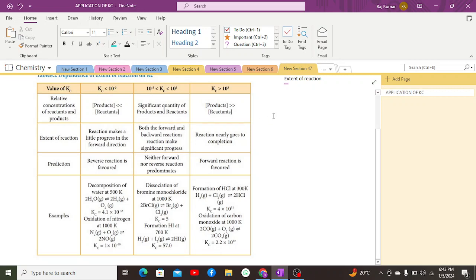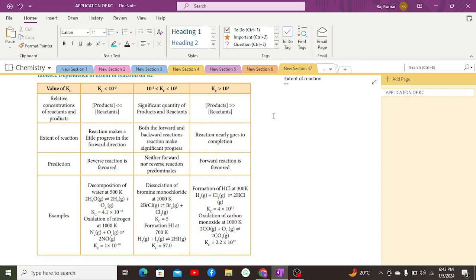Likewise, if Kc is neither too large nor too small, between 10 to the power minus 3 and 10 to the power 3, then the concentrations of reactants and products become nearly the same, become constant. Then both the forward and backward reactions are occurring, which means neither will go to completion.